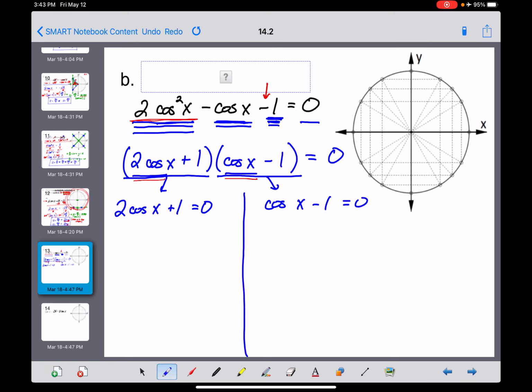And this basically becomes 2 separate problems now. Let's work on the left. I'm going to subtract a 1 on both sides and get 2 cosine of x is equal to negative 1. We'll divide by 2 and get cosine of x is equal to negative 1/2. And then we'll undo the cosine with an inverse cosine. X is equal to the inverse cosine of negative 1/2.